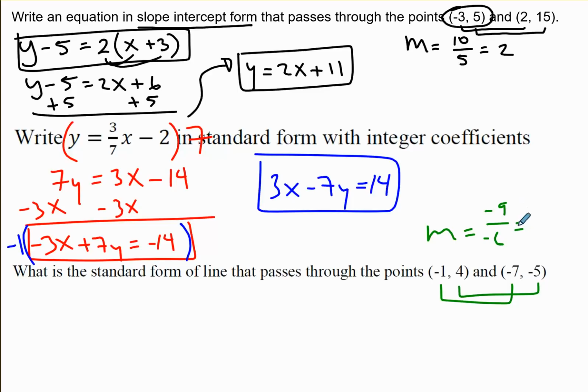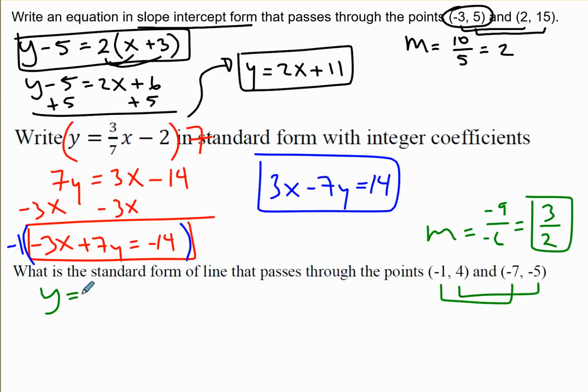What goes into both of those? A -3. -3 goes into -9 3 times, and -3 goes into -6 twice. So our slope is 3/2. If we have a slope of 3/2, we can use a point.